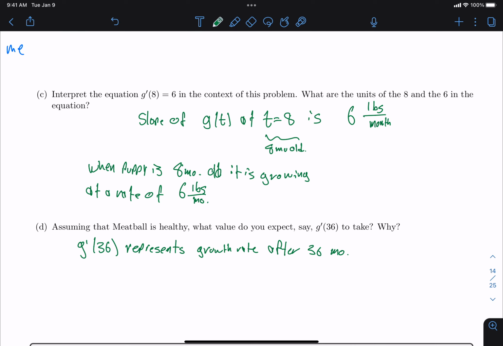So I would expect g prime of 36 is probably 0, since 3-year-old dogs are fully grown, typically. So they're not growing anymore. From month to month, the weight is probably steady, or constant would be another way of saying that.